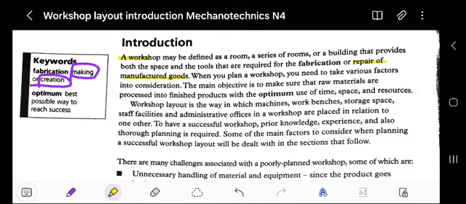Now, guys, when you plan a workshop, you must check various factors. There are various factors that must be taken into consideration. For example, let's say you want to manufacture.